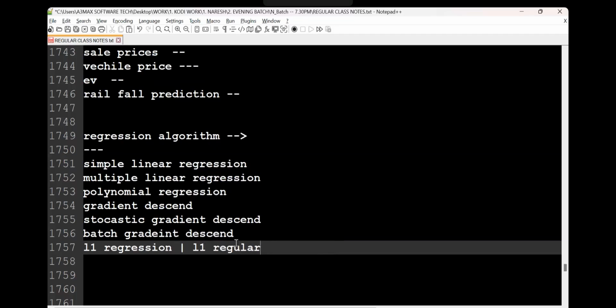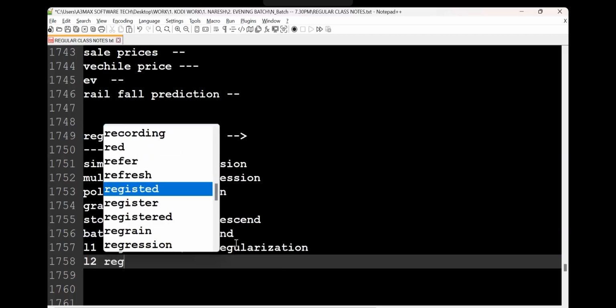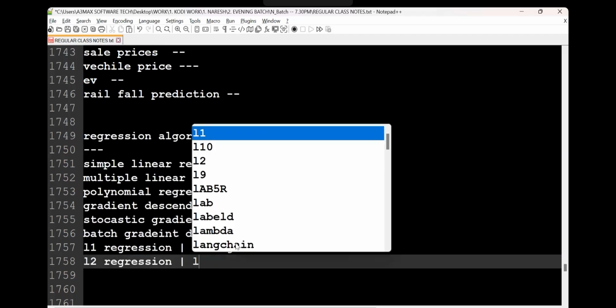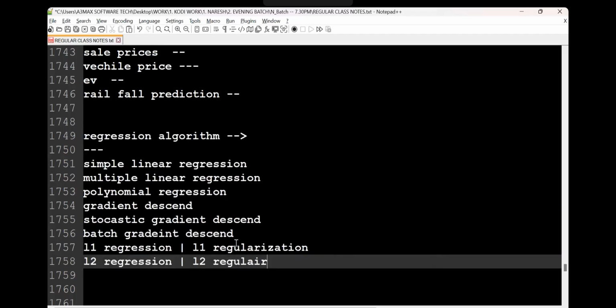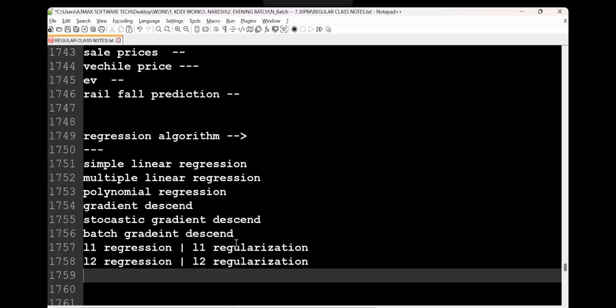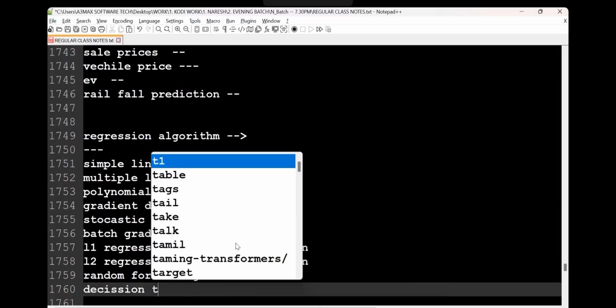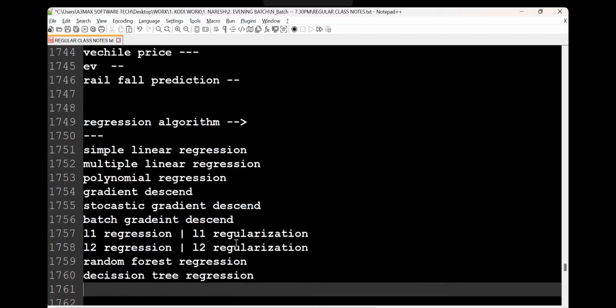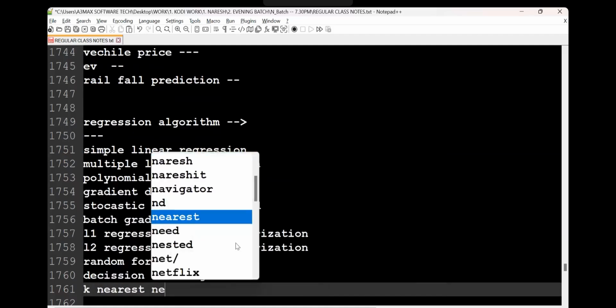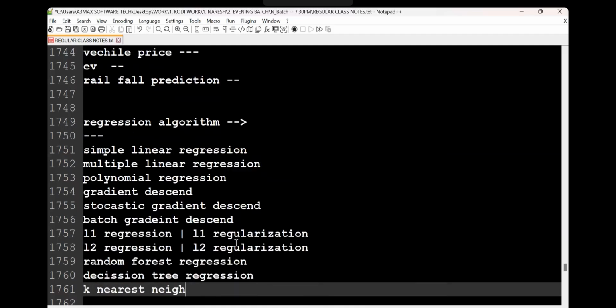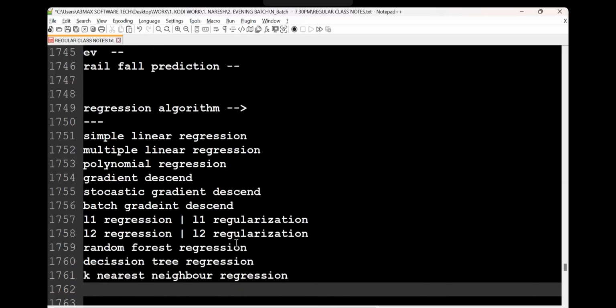L1, don't talk, offline team. And then L2 regression, L2 regularization. Okay. And we have random forest regressor. We have decision tree regression. We have K nearest neighbor regression.